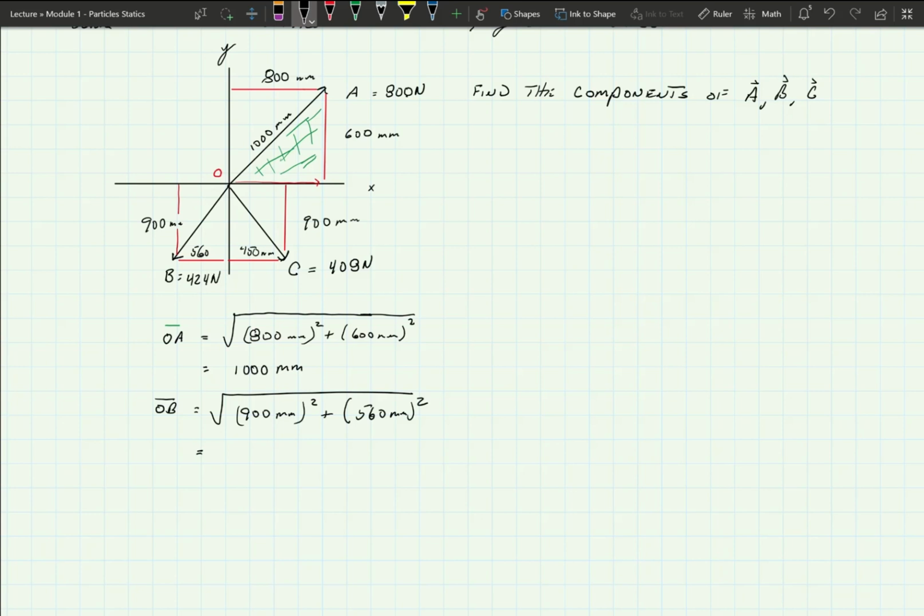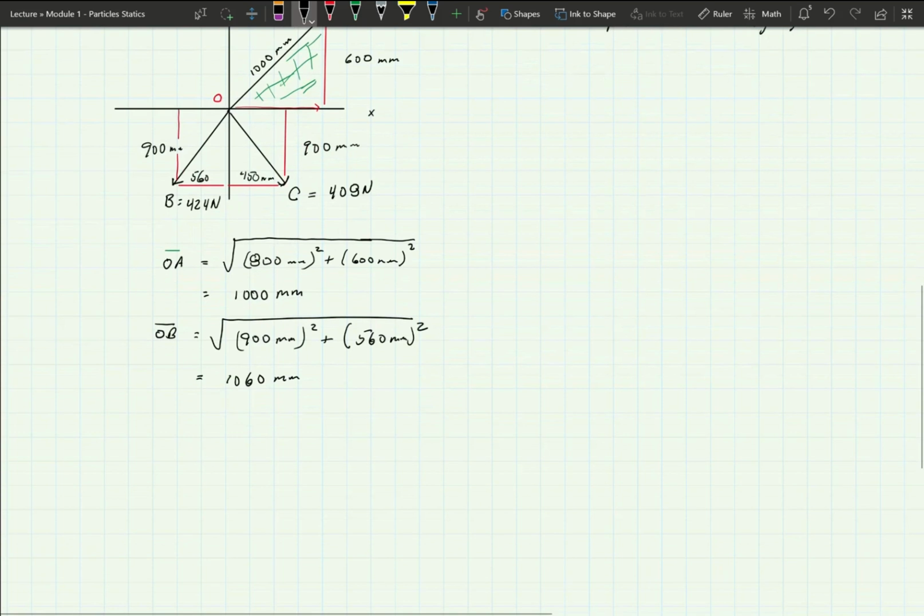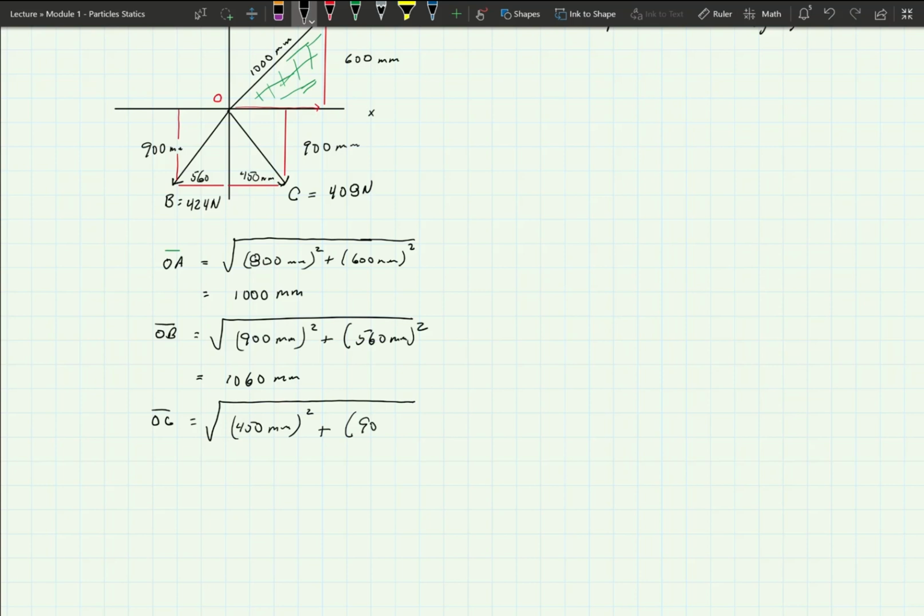And if you do the math with that, and I encourage you to check the math, get a calculator out and figure it out, we're going to be that. Okay, and then the distance of OC will be the square root of 450 millimeters squared plus 900 millimeters squared.